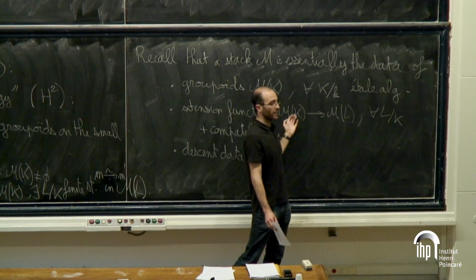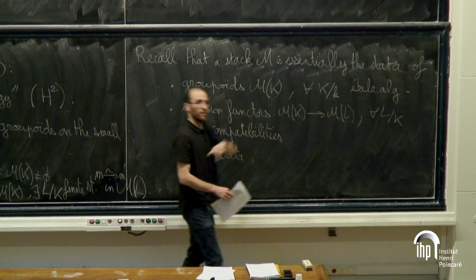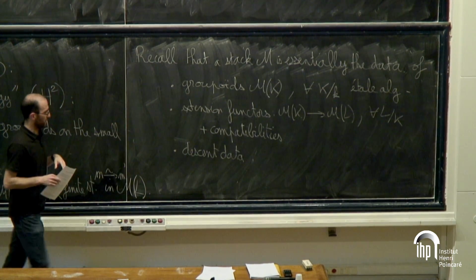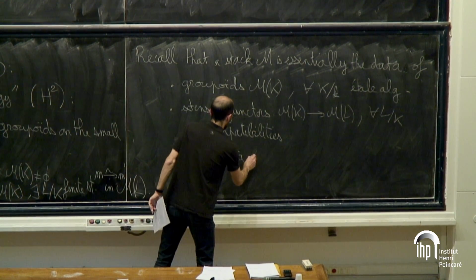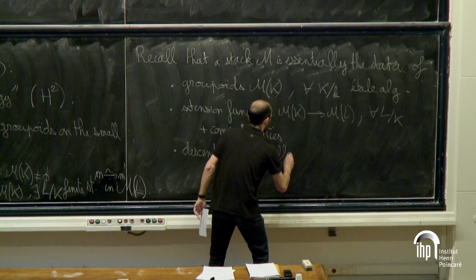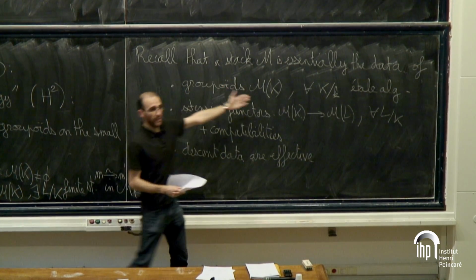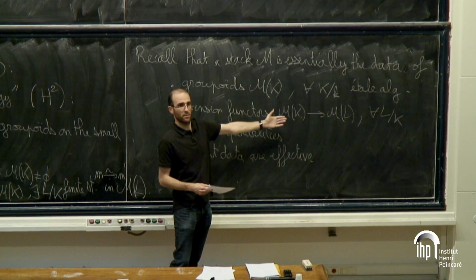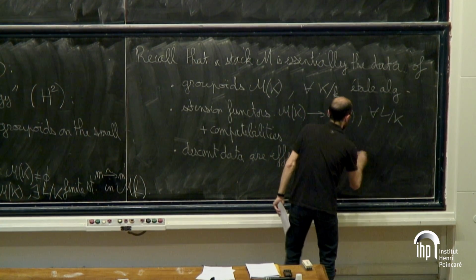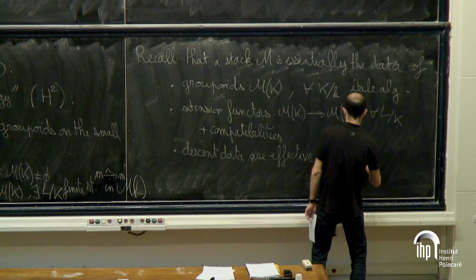This can be done looking at sections over capital K tensor capital K over little k, as in classical, say, FPPF descent or Galois descent. So descent data are effective for objects in these categories and also for morphisms. This is essentially what a stack will be in this talk.